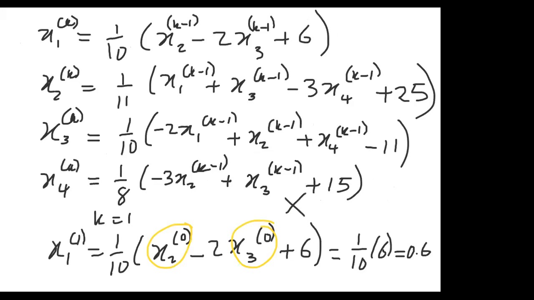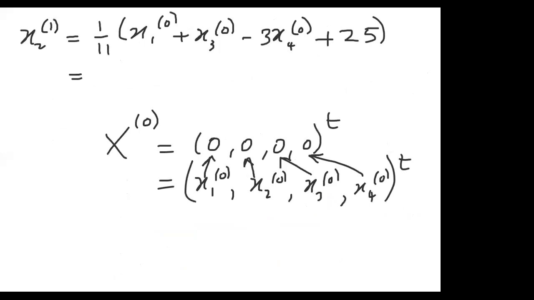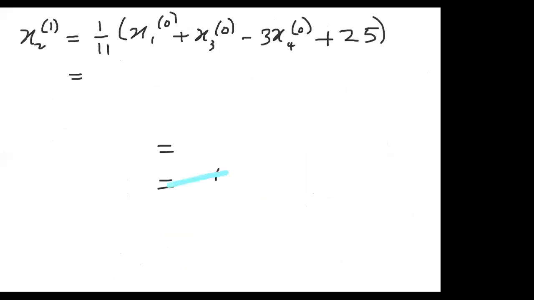Use the initial approximation. Let me give you the initial approximation. So using that, you'll be able to get 0.6. We'll just be substituting the corresponding values of x2(0) and x3(0). So we'll be able to do the same here. Let me continue from here.